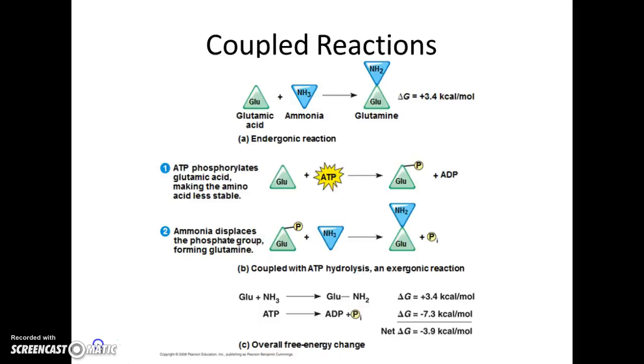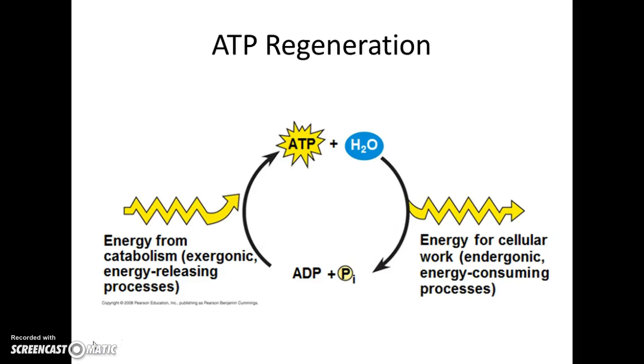And looking at the ATP and ADP cycle that occurs in our bodies, we know that ATP is a renewable resource, and it's regenerated by the addition of a phosphate group to the ADP molecule that we see down here. So ADP plus a phosphate, and we have more ATP.